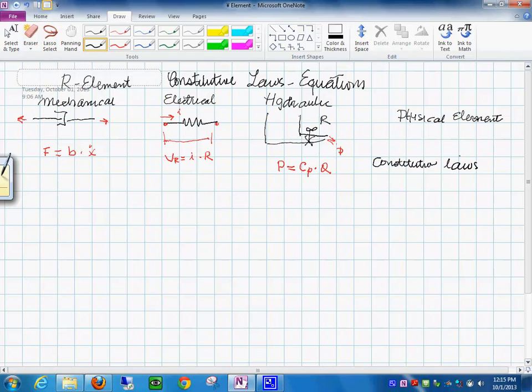Okay, but you see in here we need to relate this to the block diagram, we need to relate this to the bond graph notation, and then ultimately we need to relate it to a bond graph little picture in there.